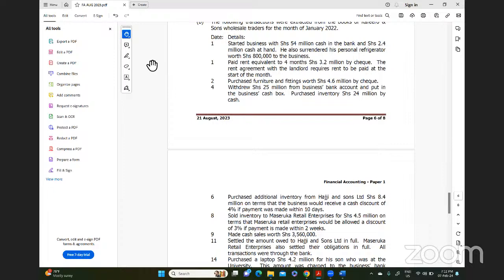So the actual rent for the month of January is 800, because if you get 3.2 divided by 4, you get 800 per month. So January only had 800 as the rent.